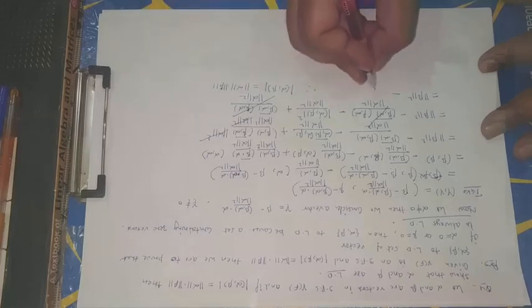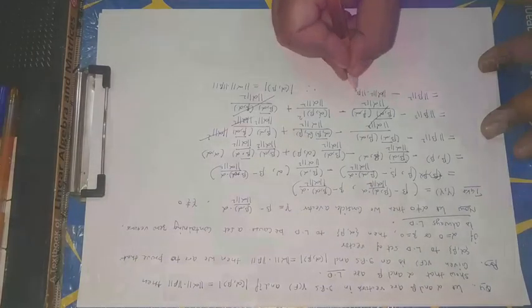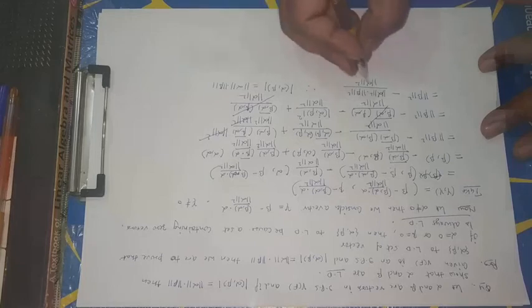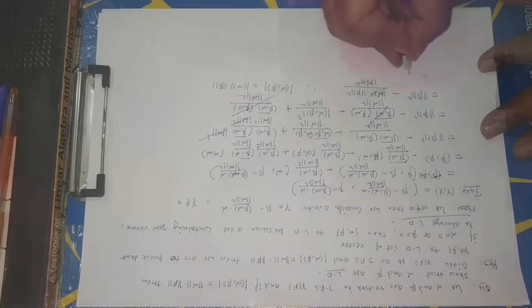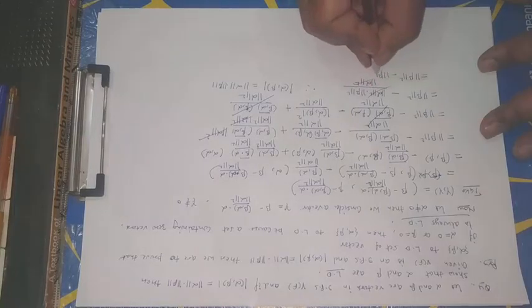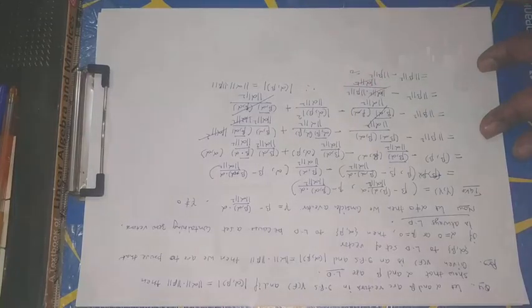Now here alpha norm square into beta norm square upon alpha norm square, this cancels by this. This is equal to beta norm square minus beta norm square, which is equal to 0.